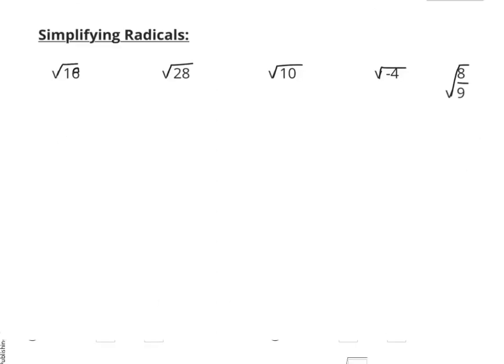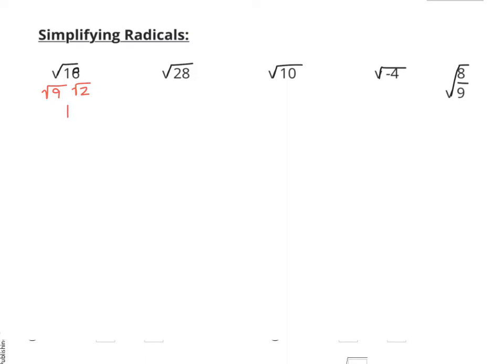All right, so what we want to do is to determine, are there any perfect squares within the numbers that we've been given? So for example, this is going to be the square root of 18. Are there any perfect squares in that list that we gave that divide into 18? And hopefully if you think about that, square root of 9 is one of those perfect squares. We've got square root of 9 times square root of 2. And hopefully you realize the square root of 9 is 3.